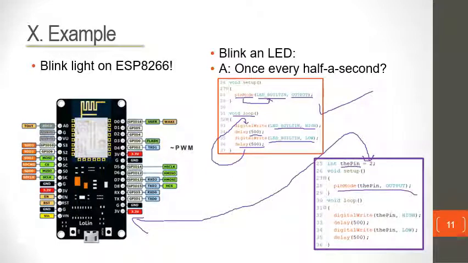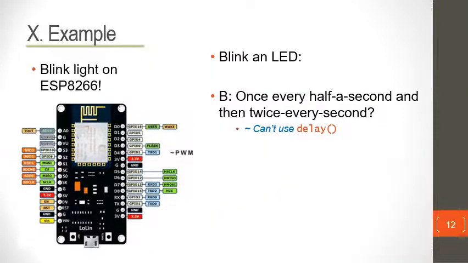Similarly, we can then designate that pin to be an output, give it a high signal, wait for 500 milliseconds, give it a low signal, wait for another 500 milliseconds, and so on and so forth. So both of these pieces of code would be able to implement the blinking of the onboard LED on the ESP8266.